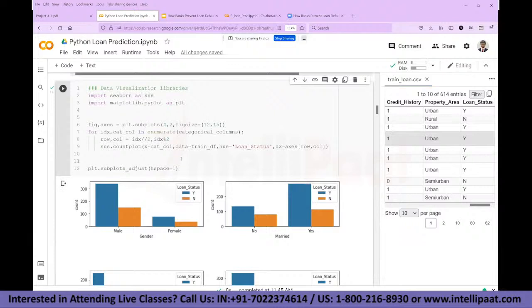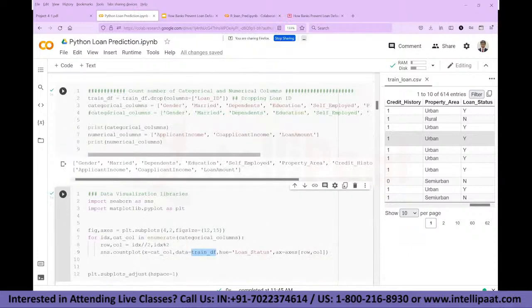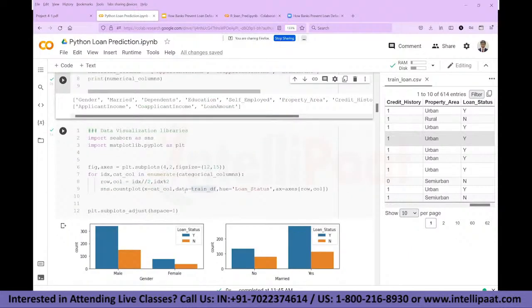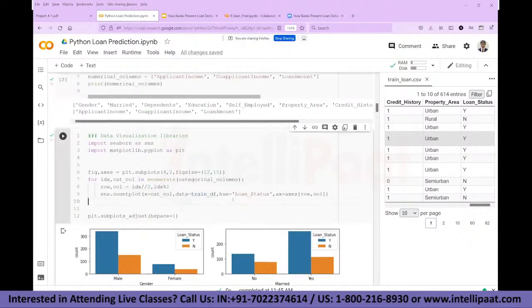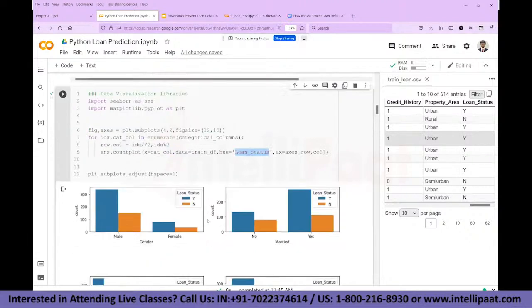So I'm taking x as the categorical column, which in this case is gender, and the data is train_df, which is my data frame. And I'm looking at the hue. Hue is nothing but loan status. So what this says is draw a count plot with hue loan status.